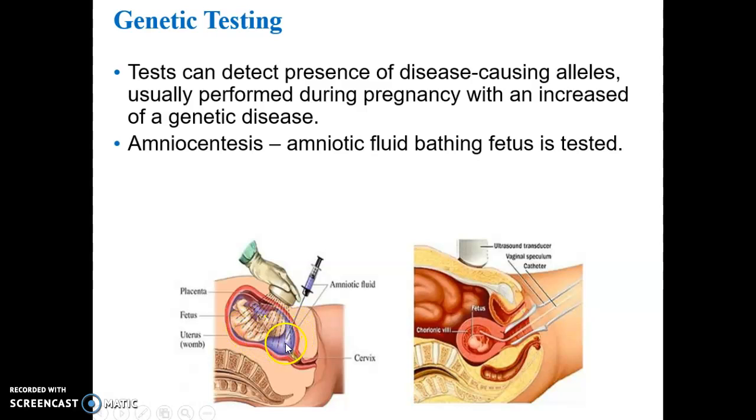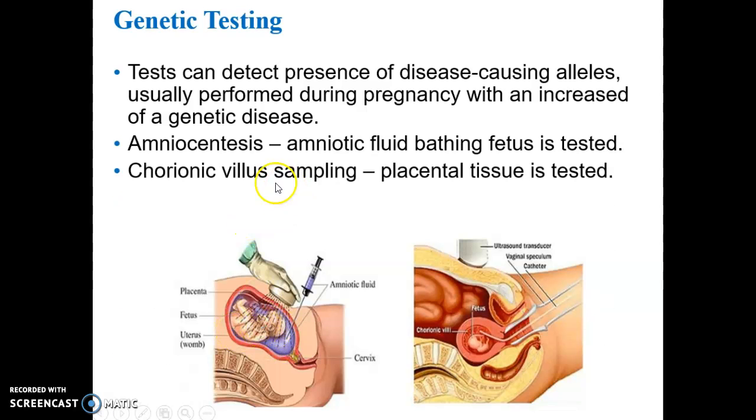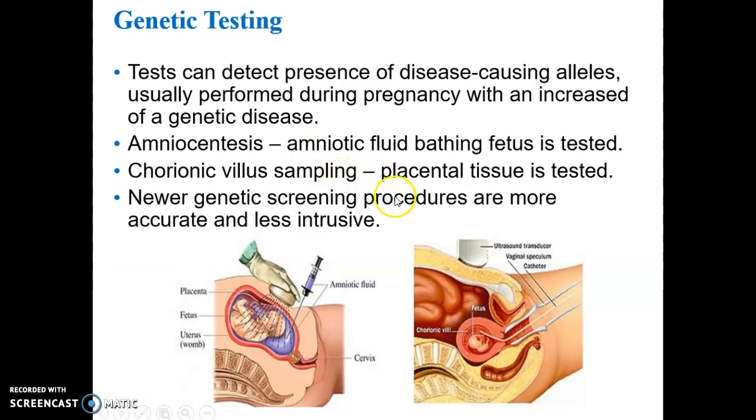Skin cells have nuclei, and nuclei have the genetic material of the individual. That's one test. Chorionic villus sampling is where they test the placental tissue and are able to determine the genetics of the baby. It's another genetic test during pregnancy.